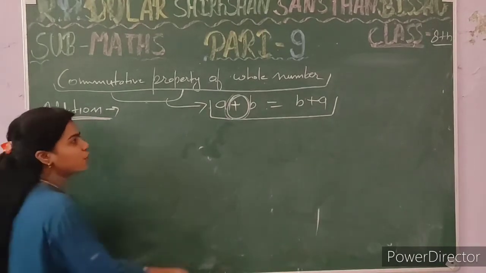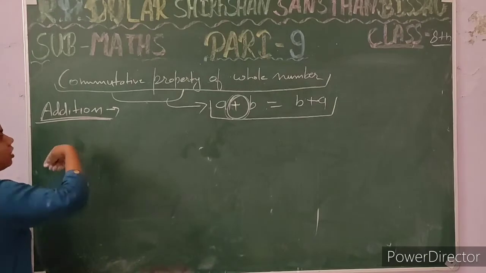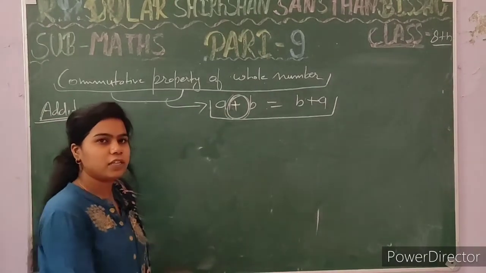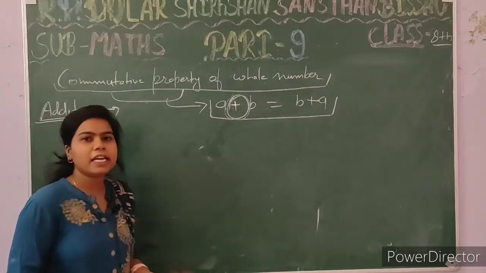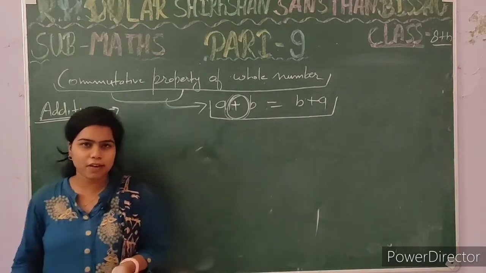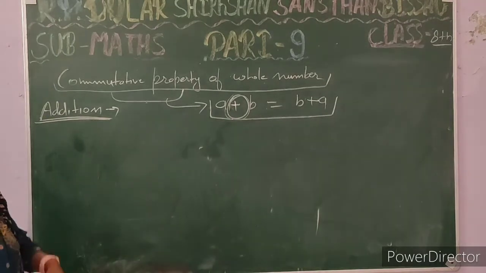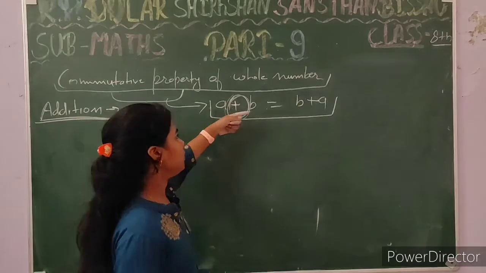For subtraction we use the subtraction sign, for multiplication the multiplication sign, and for division the division sign. We can check whether the commutative property of whole numbers is satisfied for addition, subtraction, multiplication and division. So in maths formula, what is the commutative property?